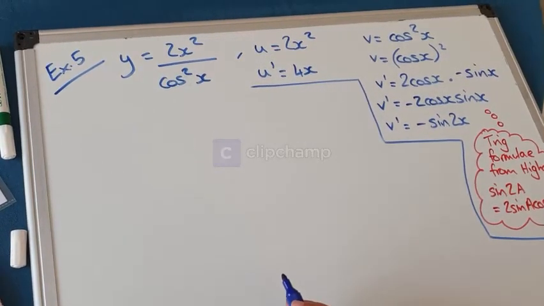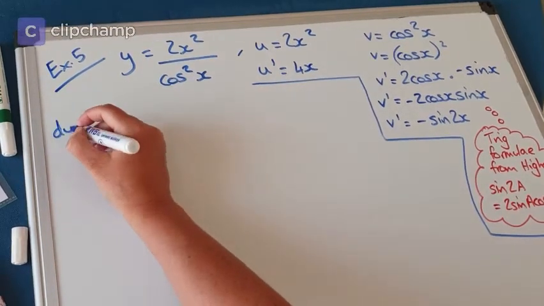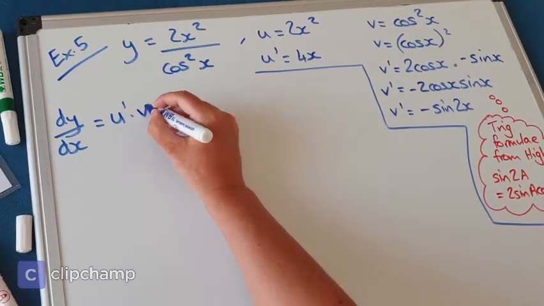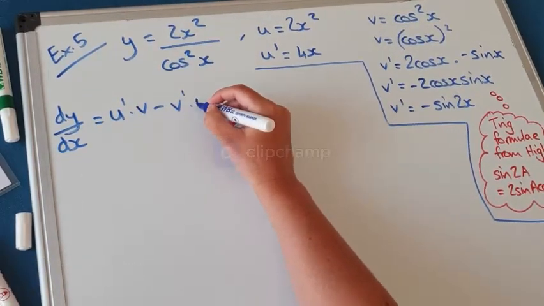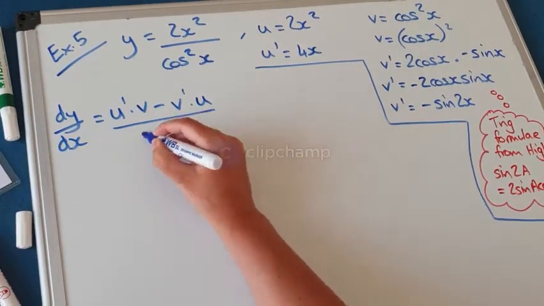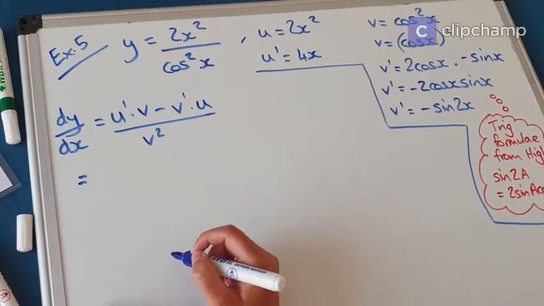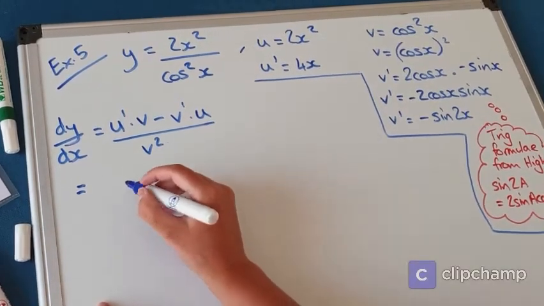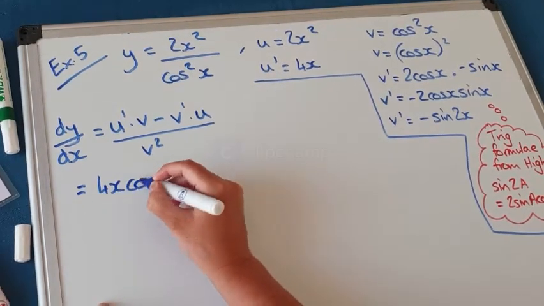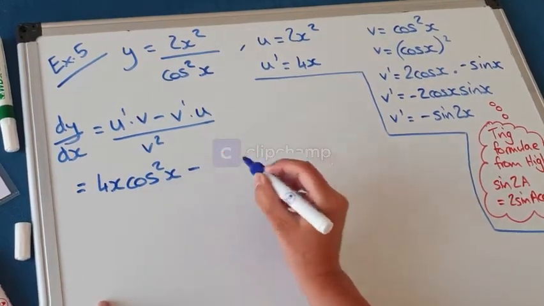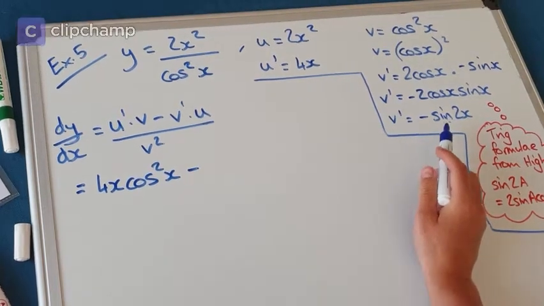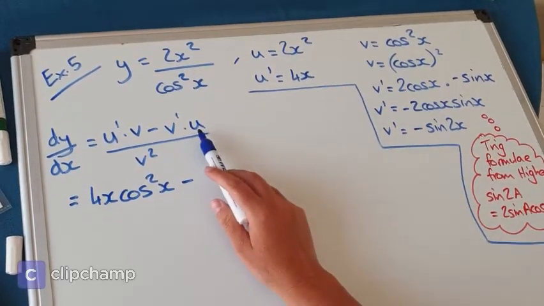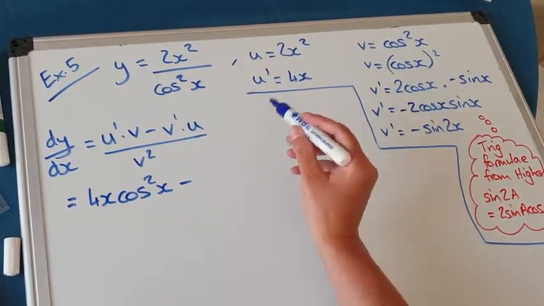Okay, right, moving on then to figuring out the derivative. Quotient rule, u dash dot v minus v dash dot u, all divided by v squared. So u dashed is 4x times v, which is cos squared x, minus v dashed, which we've made nice and simple for ourselves as minus sin 2x, and we're multiplying that by u, which is 2x squared.